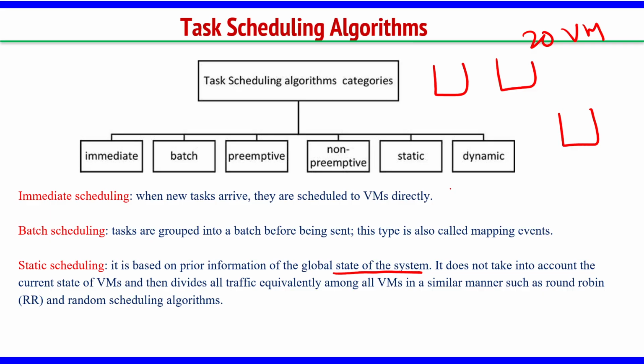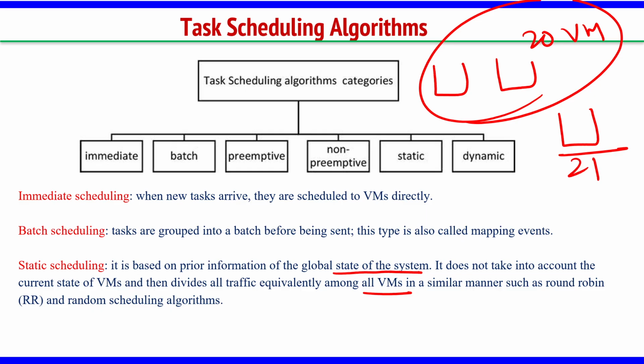We are not taking into consideration the current state of VMs. Whether there is a load or not, we are least bothered. It divides all traffic equally among all VMs. So, there were 20, 21 is created and the traffic is given equally to all the virtual machines, using some round robin algorithm or random scheduling algorithm.